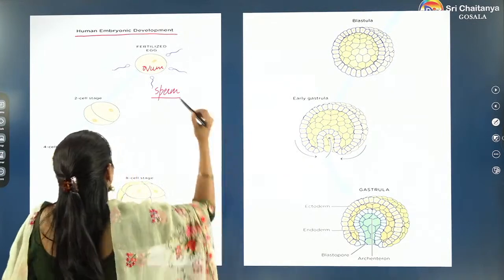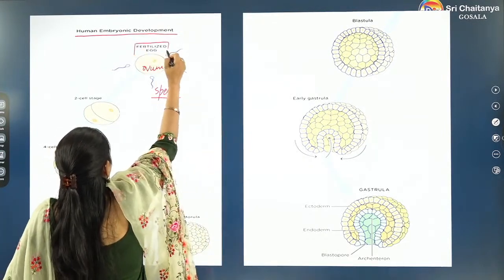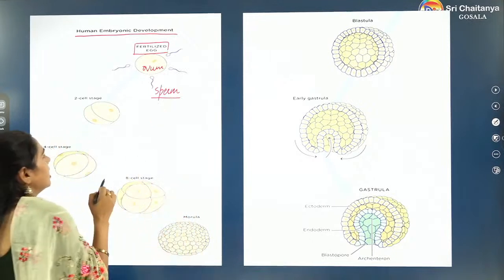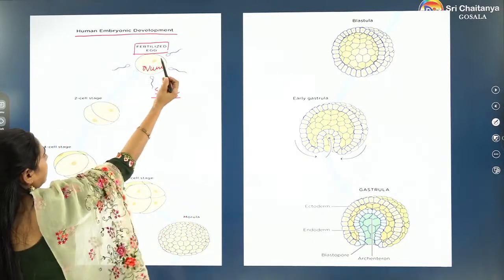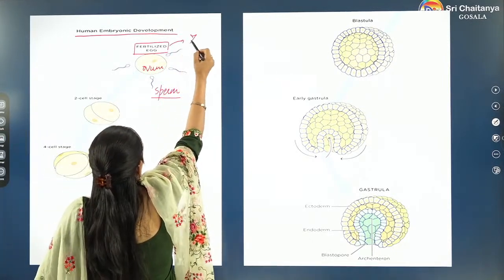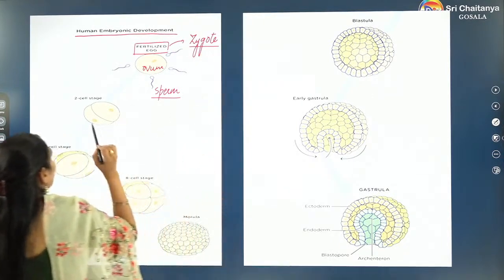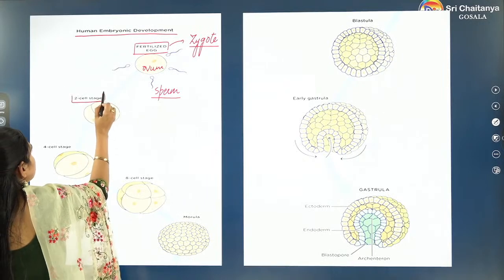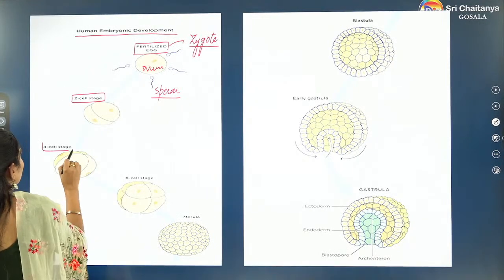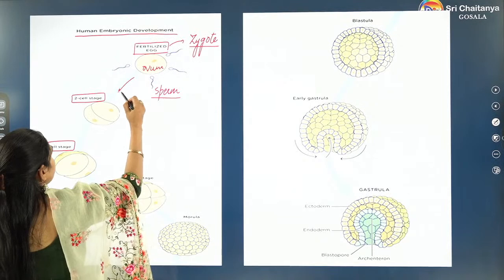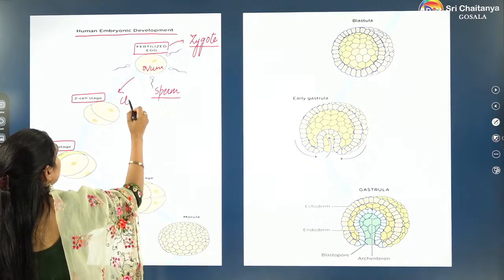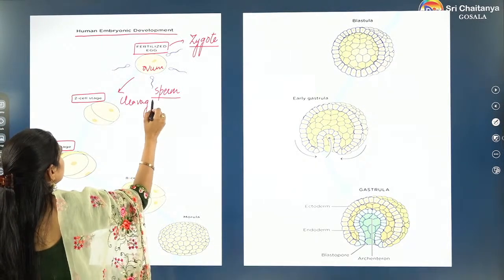Then the egg will become a fertilized egg, which is basically the zygote. Then you can see the 2-celled stage, then the 4-celled stage. At every stage what is happening? Division is happening, and that division is known as cleavage.